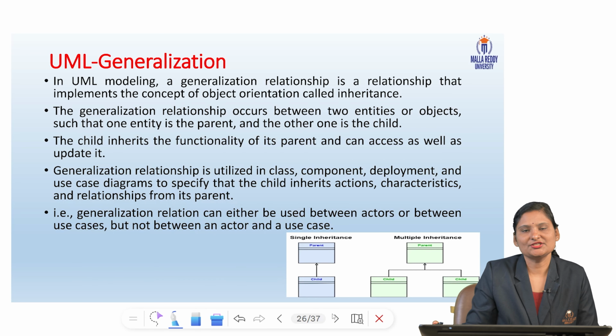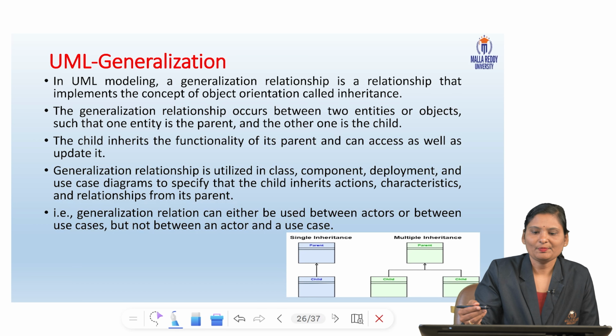Next relation is generalization. A generalization relationship implements the object orientation concept called inheritance. Here we see the child inheriting the functionalities of the parent and able to access as well as update them.